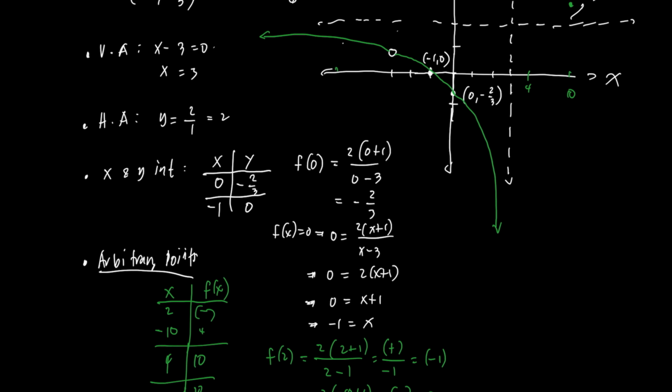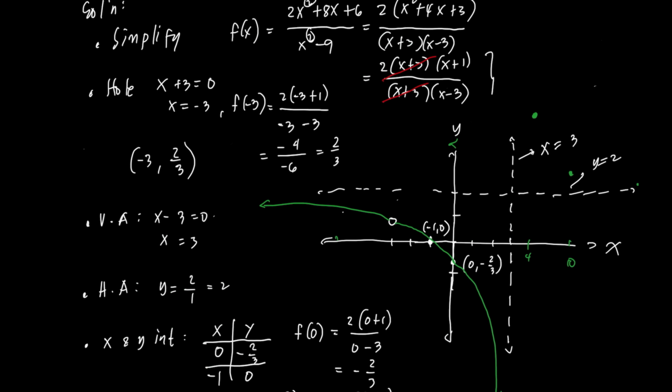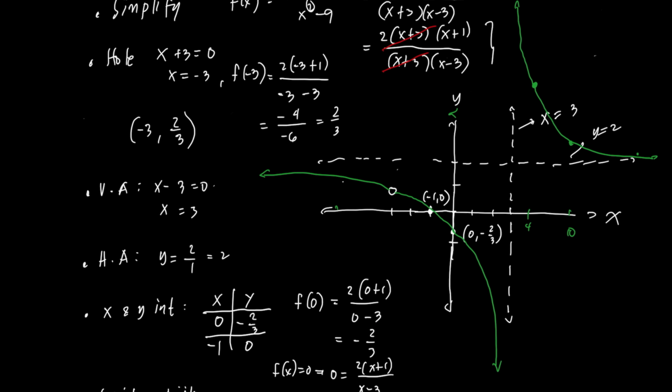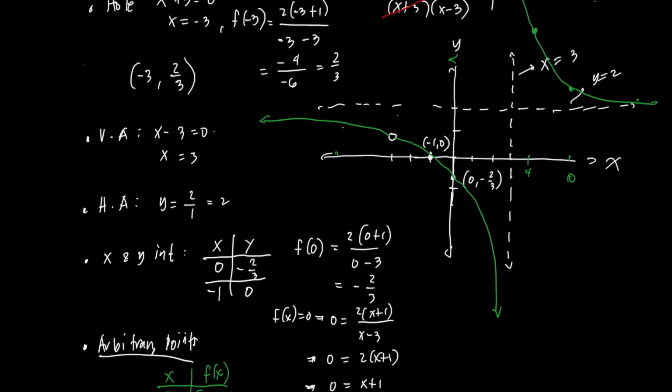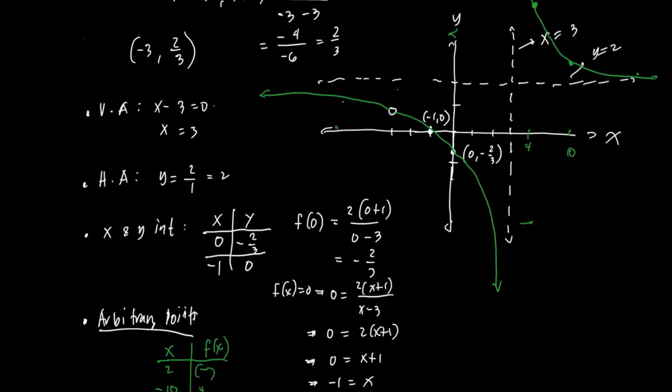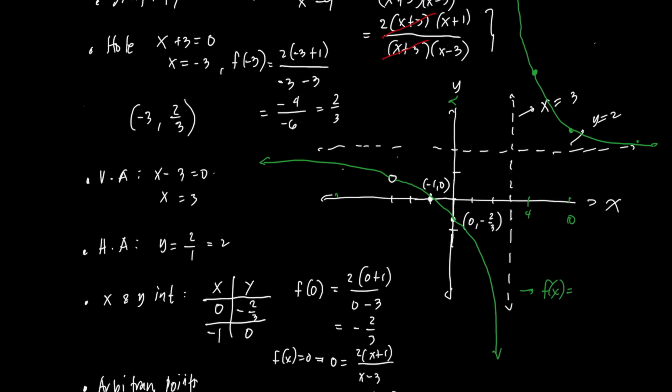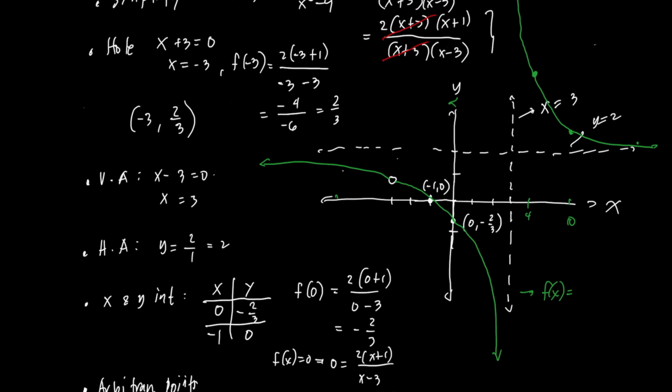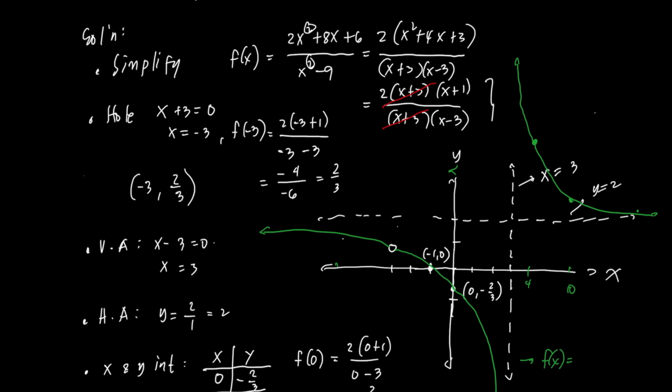Okay, this is super positive here. So it's somewhere here. So if we connect the points, this is the form of the graph. Okay, again, it doesn't touch the horizontal asymptote.